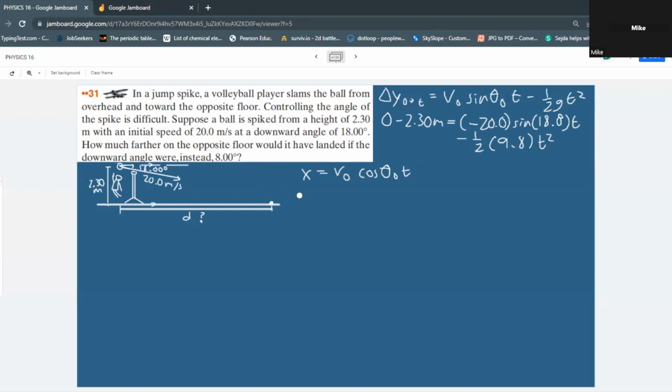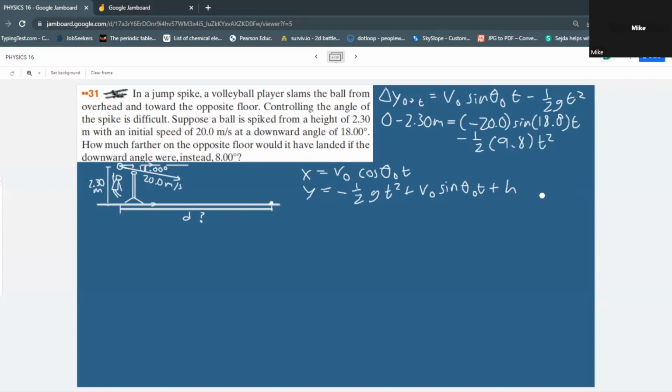Yung y is equal to negative 1/2 g t squared plus v naught sine theta t plus h, the initial height. Wag muna tayo mag-substitute ng values. Gusto ko lang formula lang.